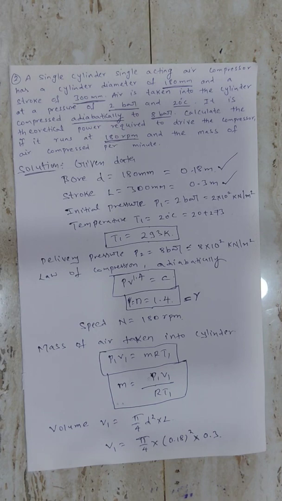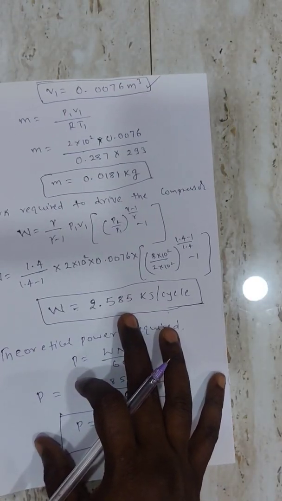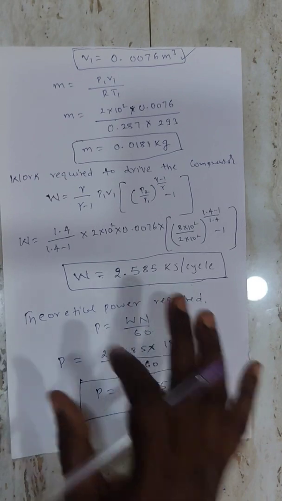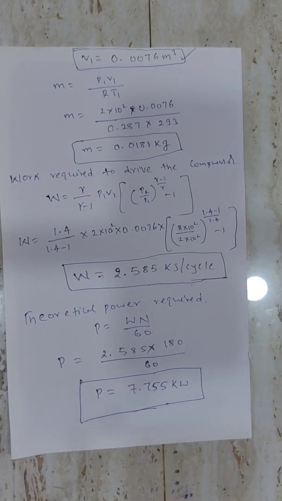So V is equal to pi by 4 into 0.18 whole square into 0.3, and we get the volume as 0.0076 meter cube. After that we substitute the given values: m is equal to 2 into 10 square into 0.0076 divided by 0.287 into 293.